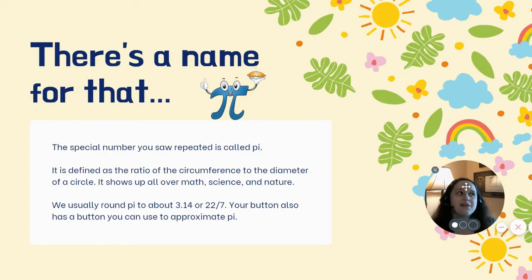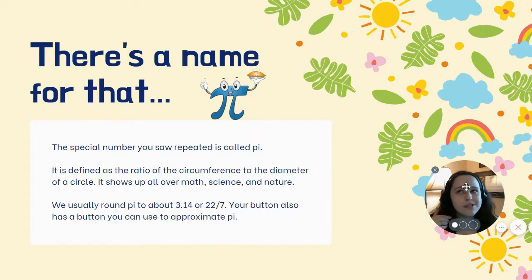But the cool thing is that even though it shows up in this very specific place with circles, we see it all over nature, often having to do with circles, but it's going to come into play over and over again. Now, if you take your calculator and type in the pi button, and then hit enter, you'll see 3.141592654. It's an irrational number.